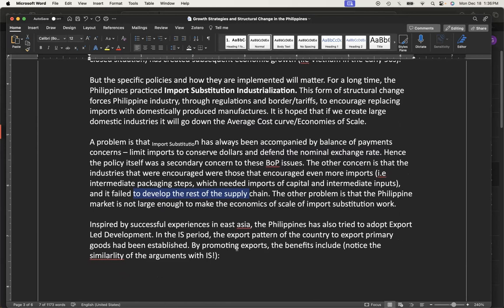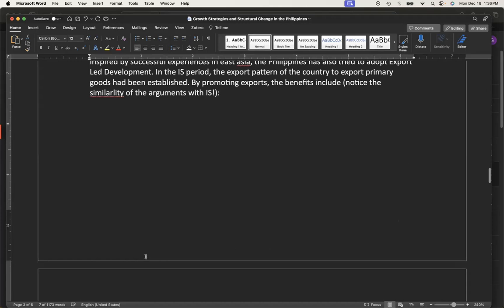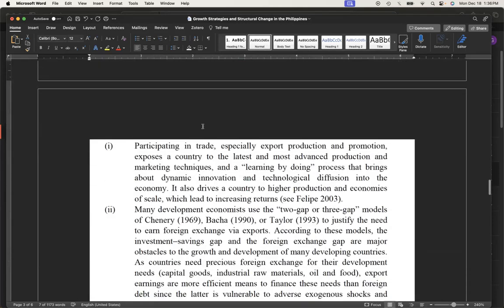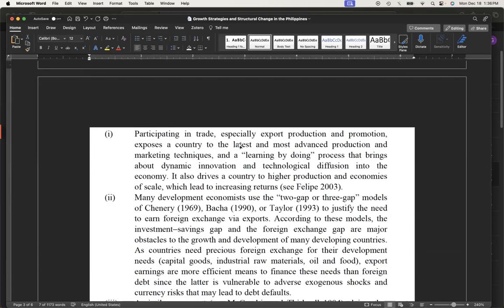This time, by promoting manufacturing exports, the benefits include, notice the similarity of the arguments with ISI: participating in trade, especially export production and promotion, exposes the country to the latest, most advanced production techniques, learning by doing, which will hopefully lower your average cost.